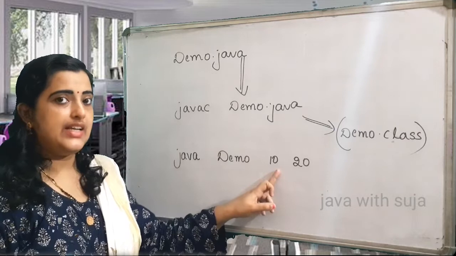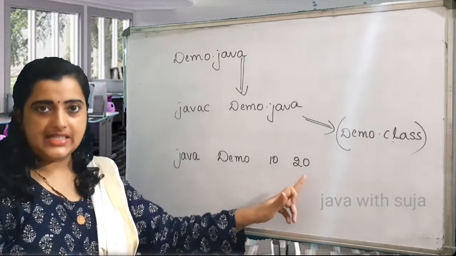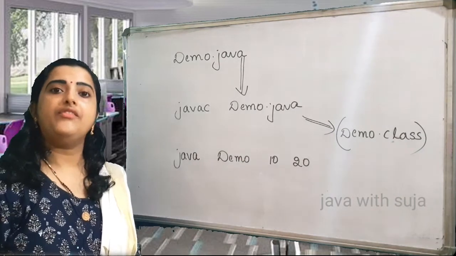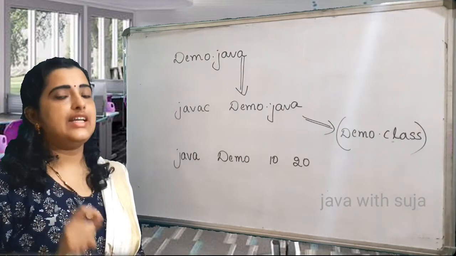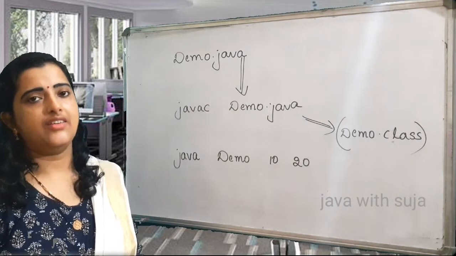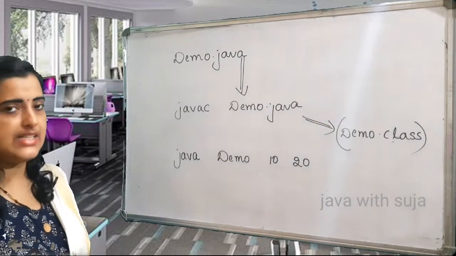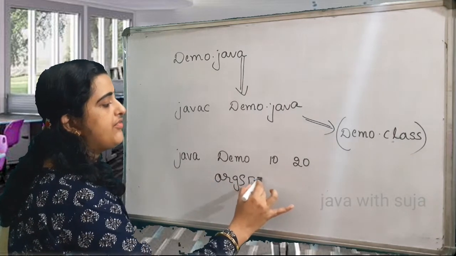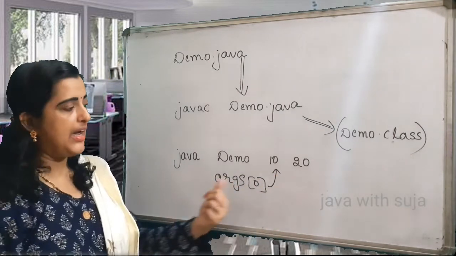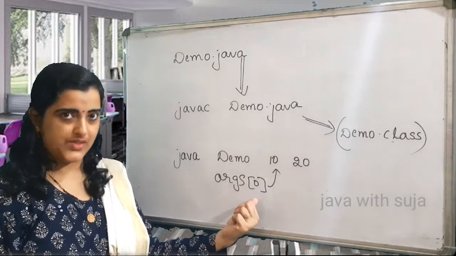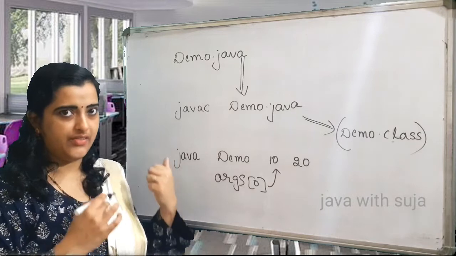Then here you can see I am passing two integer arguments 10 and 20, and in our program we have seen a code that is Integer.parseInt, and you might have seen already that we have given string args, which means that args is an array. So the first argument which we pass to our command line will be considered as args of 0, which we have assigned to the variable a.